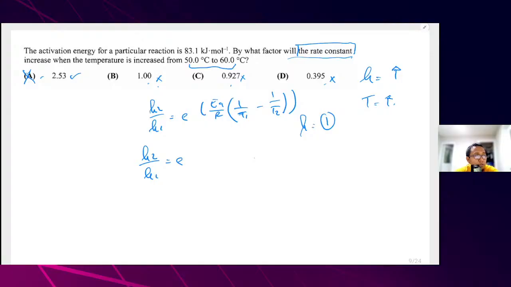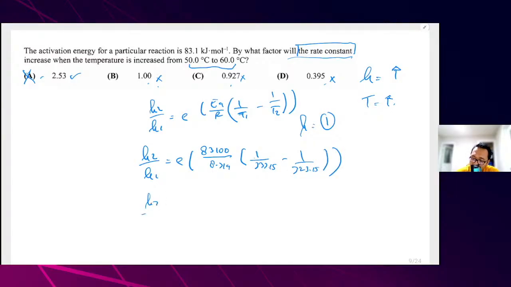Activation energy in joule per mole, so it will be like this. Then R is 8.314, and this one should be 333.15, and this 323.15.